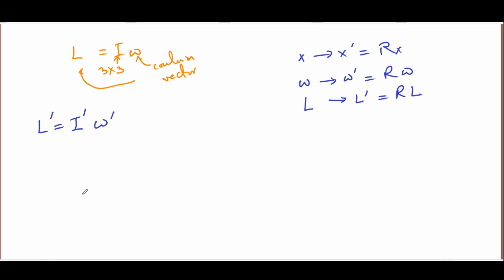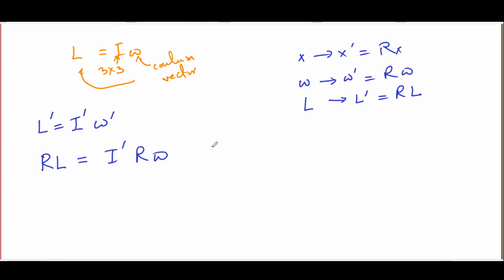It's just that the numbers which you use for L and omega have changed because of coordinate transformation properties. And the numbers which you use for I would also have to change. Now, if L prime equals I prime omega prime, that really tells you that R times L, where R is the rotation matrix of course, is I prime times R omega, and this has to be true for all omega.